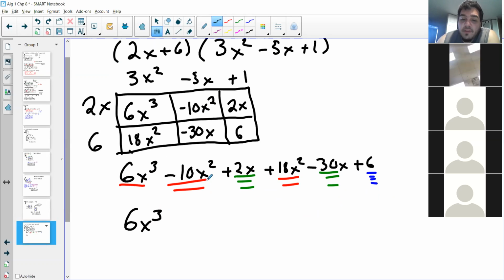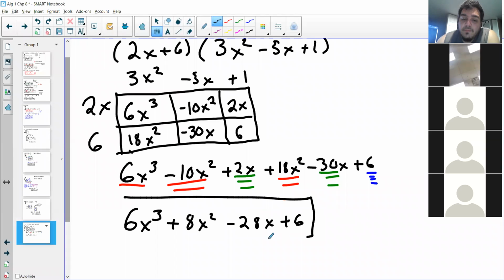So 6x to the third, negative 10 plus 18 will be a positive 8x squared. Positive 2 minus 30 is going to be a negative 28x. Good job, Rachel. And then we have our leftover 6. It's in line. Everything's combined.